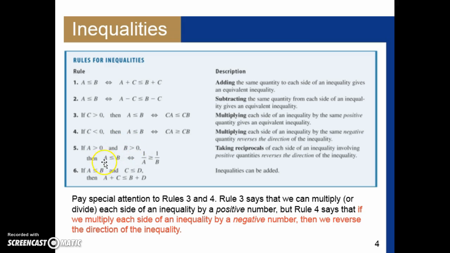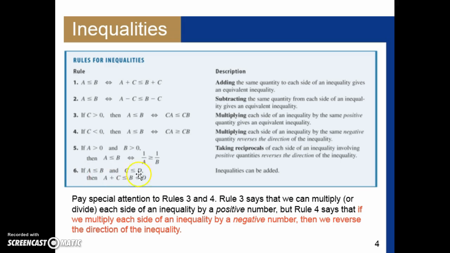Same for B. And A is smaller than or equal to B, then the reciprocal relationship is opposite. 1 over A will therefore have to be bigger than or equal to 1 over B because A is a smaller number. And when I reverse that relationship, 1 divided by a smaller number will yield a bigger value than 1 divided by a larger number.